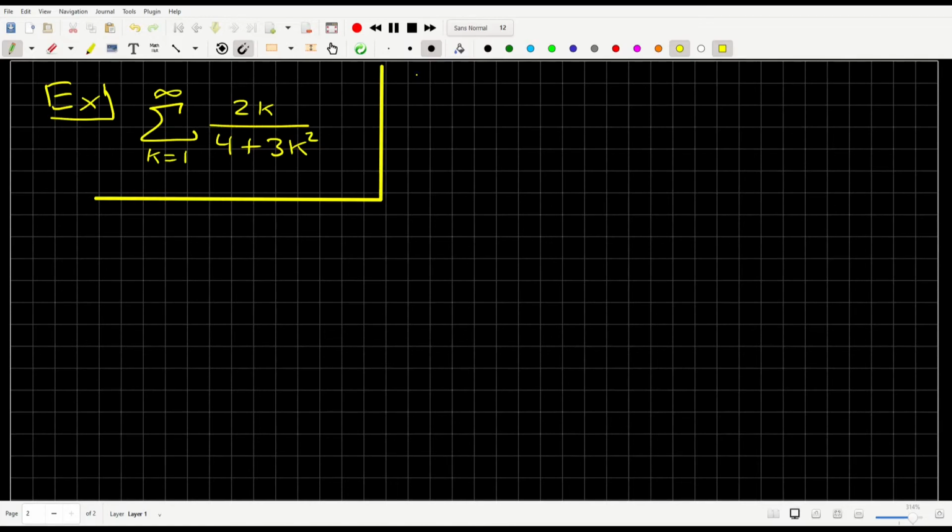We're not directly applying the theorem, but in general, we just want to get an idea of whether or not we expect this series to converge or diverge. And the idea here is to look at very large values of k.